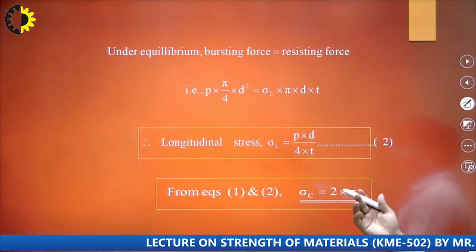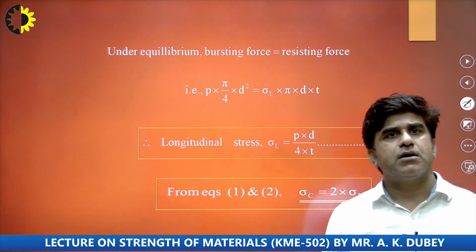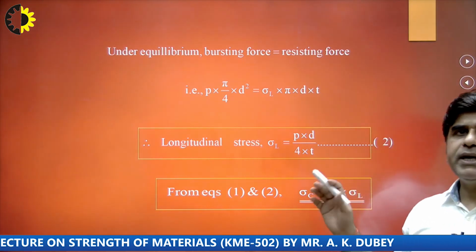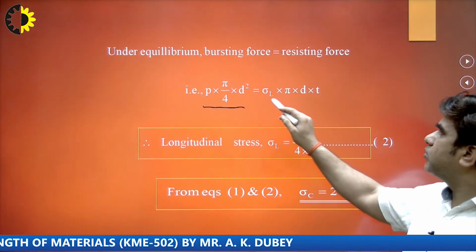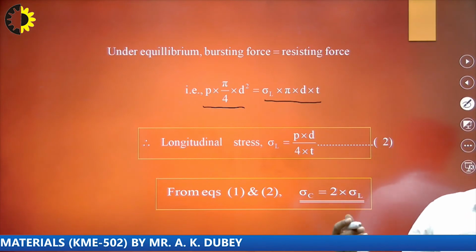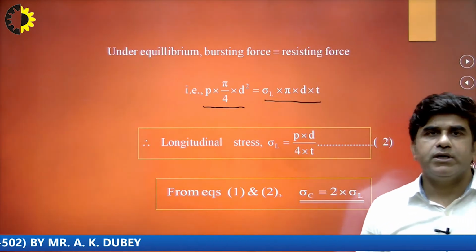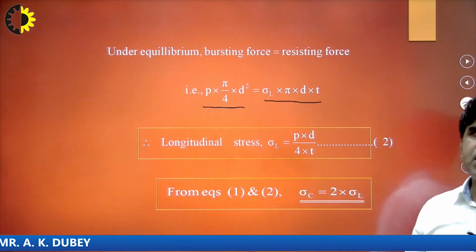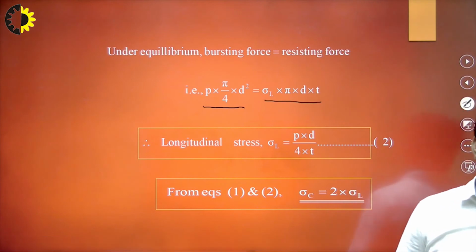So under equilibrium condition, as I told you, bursting force must be equal to the resisting force. So P into pi by 4 d square must be equal to sigma L into pi into d into t. On simplification, I will find sigma L equal to P into d by 4t.